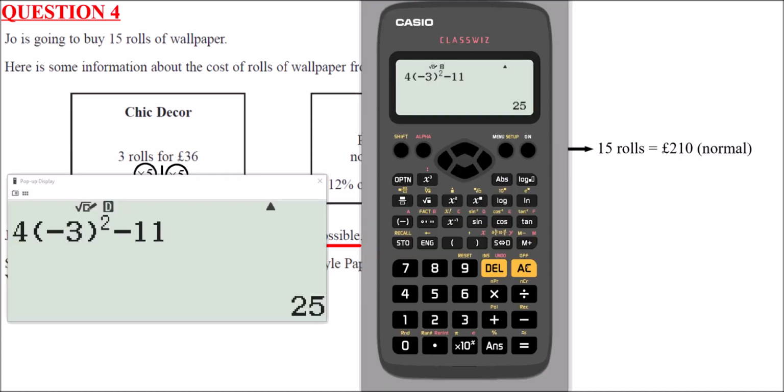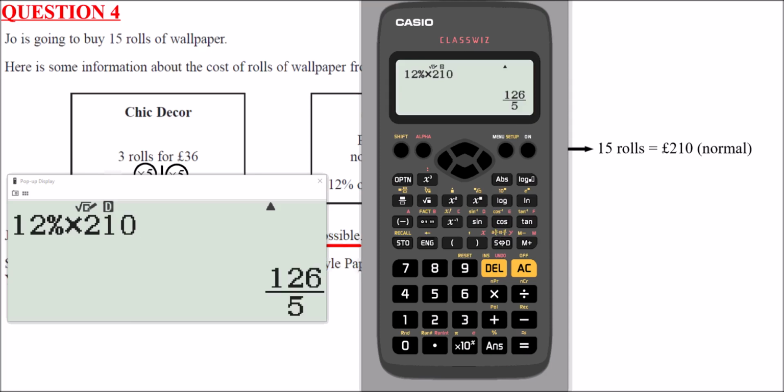On a calculator, you could do this in a few ways: 12, shift, get your percentage button, of, then multiply 210. That tells us that the discount must be £25.20.